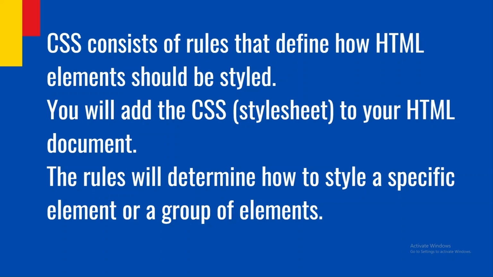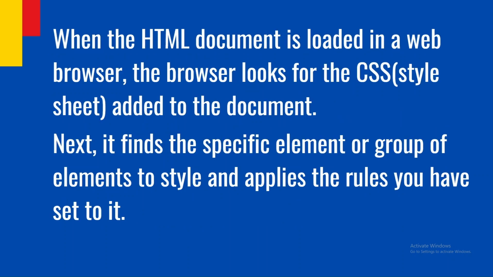Now this HTML document needs to be loaded in your web browser. So when the HTML is loaded in your web browser, the browser is going to look for the style sheet that you've added to the document, and then it finds the specific HTML element or the group of HTML elements that you want to style, then applies the rules that you've defined to that particular element or group of elements.